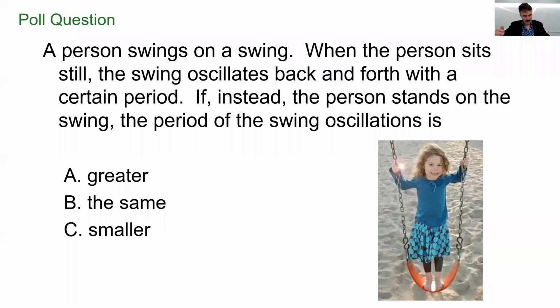A is that the period of the swing oscillations is greater, B the same, or C smaller. And again, let's assume simple harmonic motion.